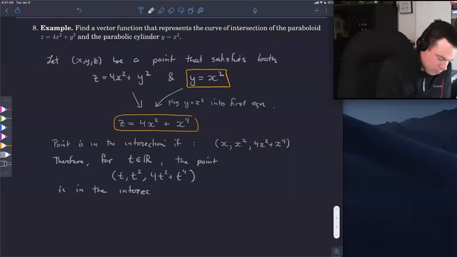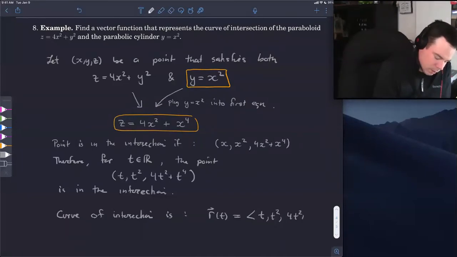And now we have, therefore, the curve of intersection is r of t. We can now write it as a vector equation or parameterized curve, (t, t squared, 4t squared plus t to the fourth).